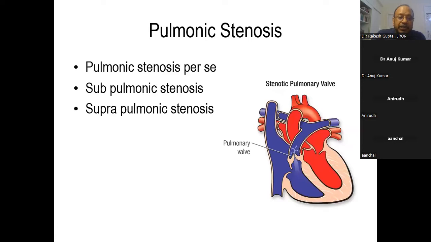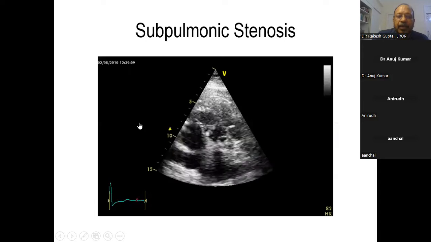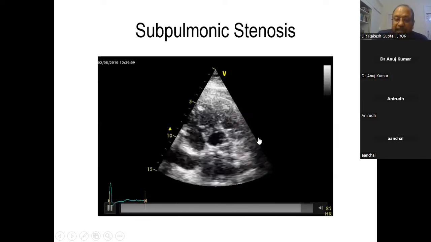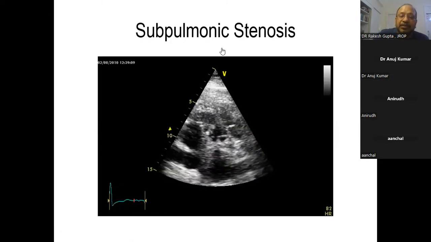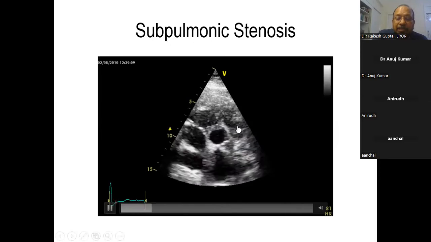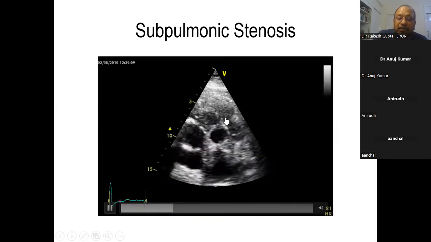So in pulmonic stenosis, as somebody was asking, we have pulmonic stenosis per se, then subpulmonic stenosis, then suprapulmonic stenosis. Now look at subpulmonic. Somebody was asking, what is subvalvular aortic stenosis? Subvalvular aortic stenosis is any stenosis before the valve. Same as subpulmonic, which is any stenosis before the valve.